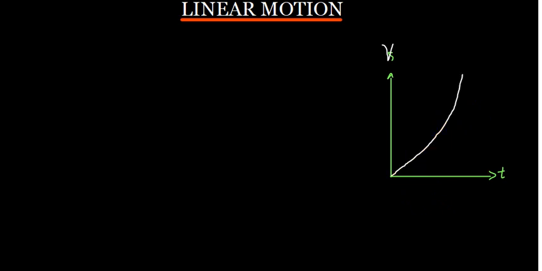Now, if this is an acceleration time graph, and you have got a line like this, this is what is going to represent constant acceleration. So if this is constant acceleration, it means the speed is changing. That is for an acceleration time graph. That is what I want you to take note of. Is that okay?